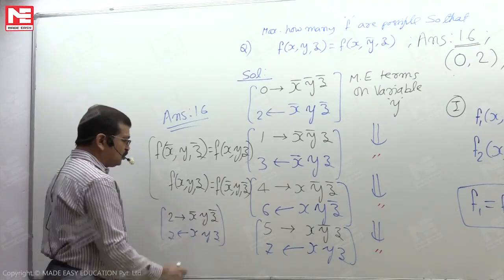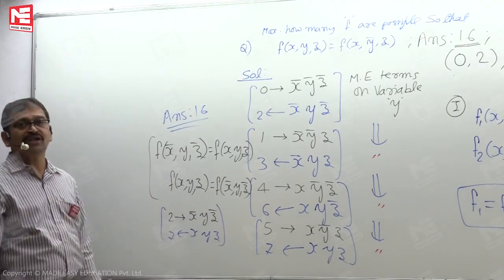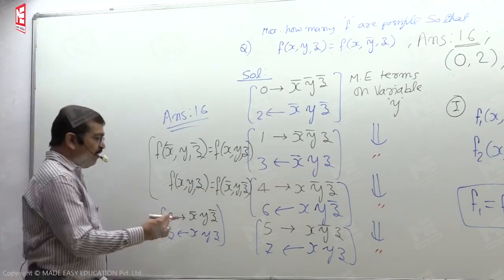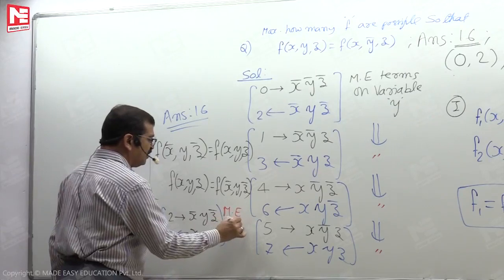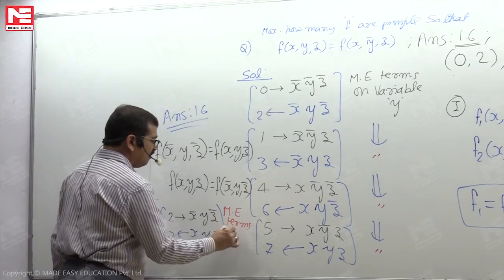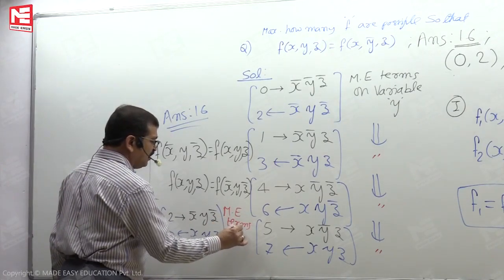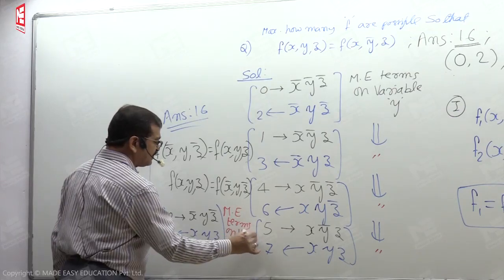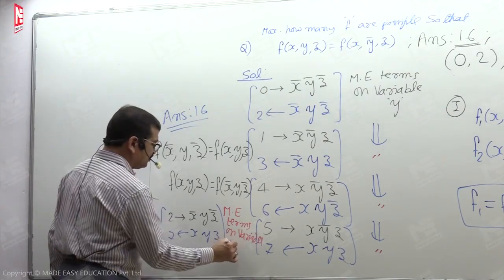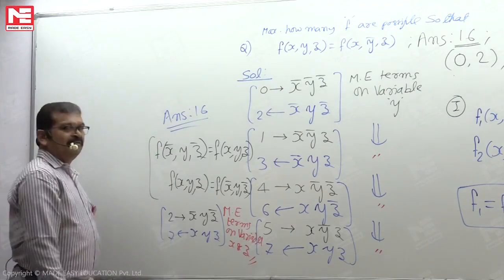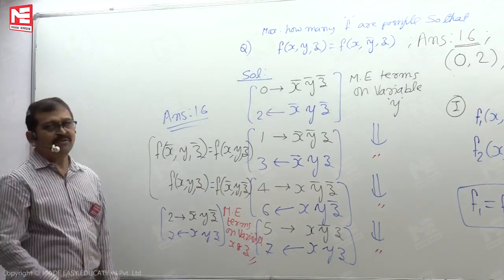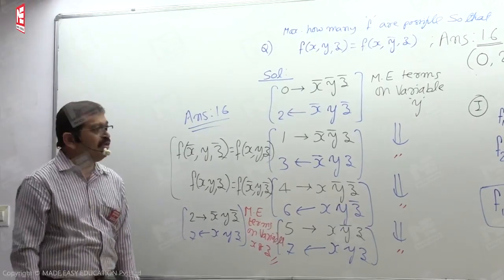Then we are looking at this: 2 and 7 are the mutually exclusive terms. They are mutually exclusive terms on the variables x and z, whereas earlier we had mutually exclusive terms on only a single variable, that was y.